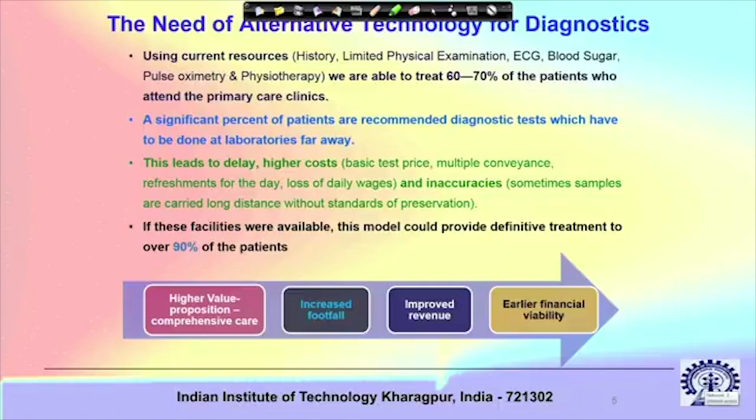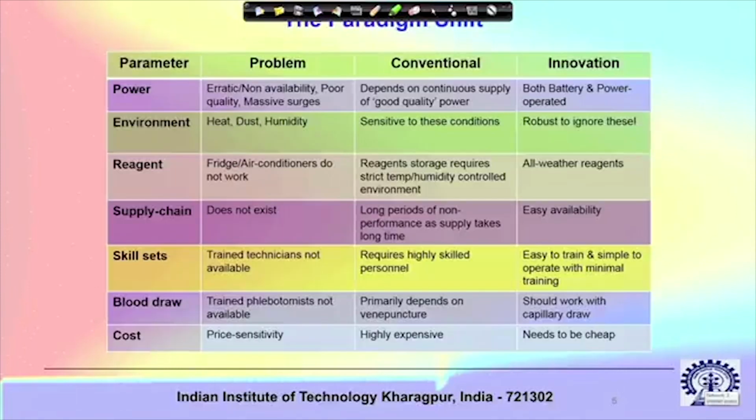If these were available, this model could provide definitive treatment to over 90% of patients. So, point of care diagnostics in the rural setting is a very big challenge, and then one requires a paradigm shift. When we go for a paradigm shift, this is where technological intervention is important.